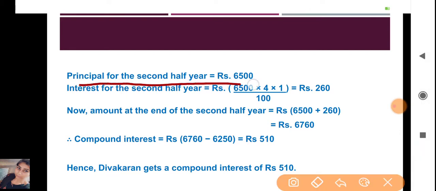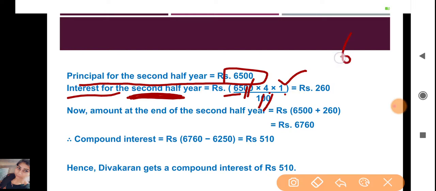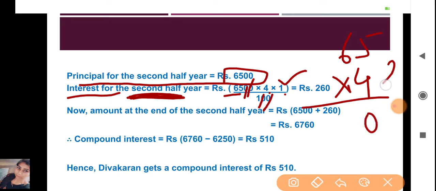Principal for the second half year is 6500. Now interest for the second half year will again be 6500 multiplied by 4 multiplied by 1, because I'm only talking about the second half year, so the time will be 1 only. 0 0 0 0. So multiply 65 with 4. Let's see what we'll get. 6 5s are 30, 2 6 4s are 24 plus 2 is 26.